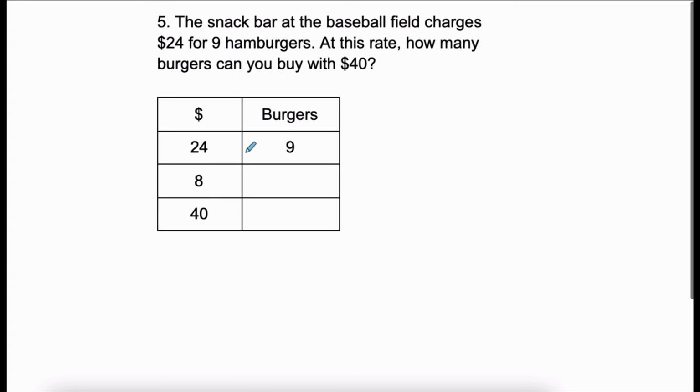Number 5, I can see that getting from 24 to 8 is just to divide by 3, so that would mean this first box you can find by dividing by 3. And the reason I chose to add this extra line in here for you is because maybe you can't get from 24 to 40 directly, but if you simplify this ratio and go from 24 to 9 to an 8 to 3 ratio, I can pretty easily get from 8 to 40, just multiply by 5.